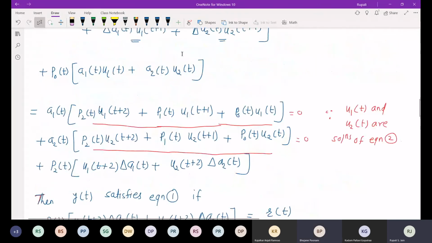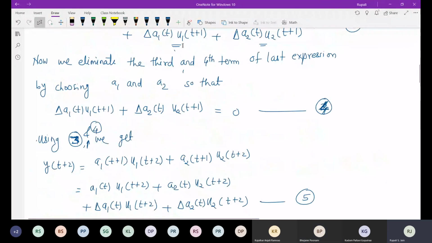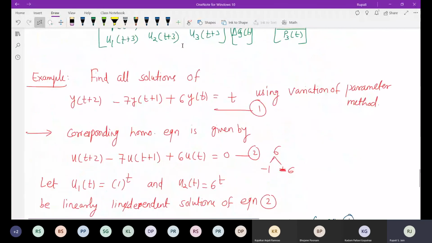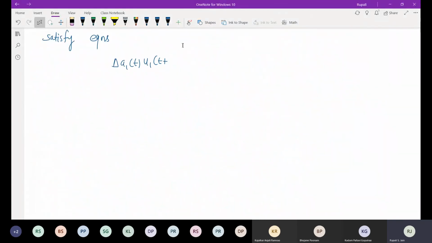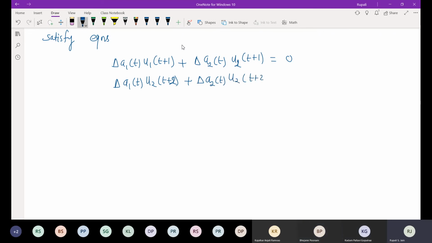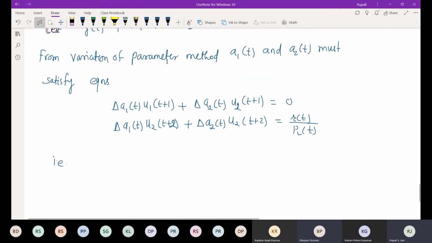Delta a1(t) u1(t+1) plus delta a2(t) u2(t+1) is equal to 0, and delta a1(t) u1(t+2) plus delta a2(t) u2(t+2) is equal to r(t) divided by p2(t).